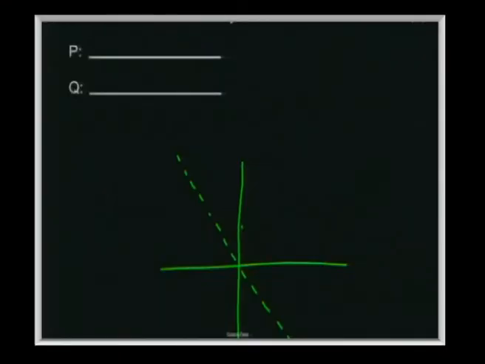So take a point, and I'm going to work in my second quadrant. I would take a point, for example, negative 1, 6, and I would reflect it around this axis.